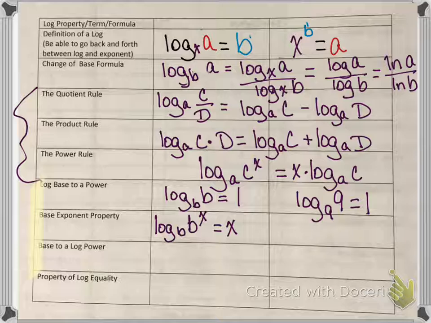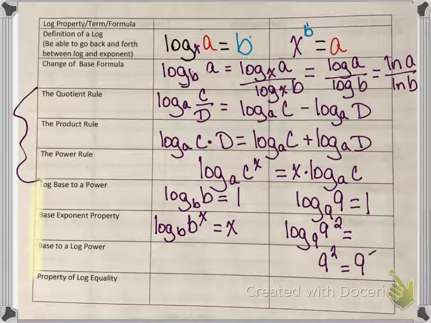So let's think about that. If I had log base 9 of 9 squared, what that would mean is 9 squared equals 9 squared. So when I've got a base and then the base of the exponent, when they're the same, the answer is just that exponent.